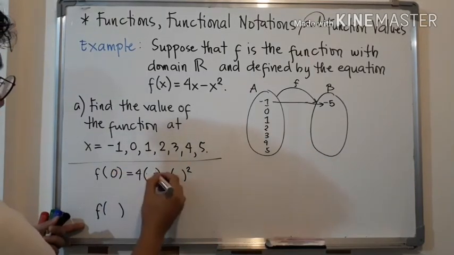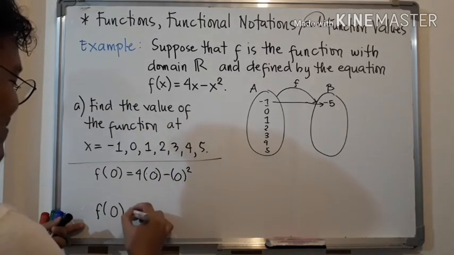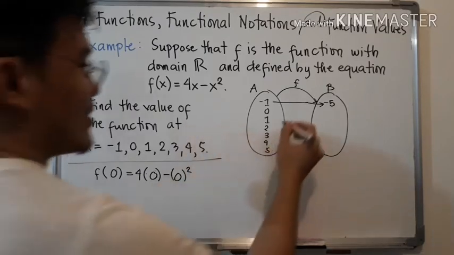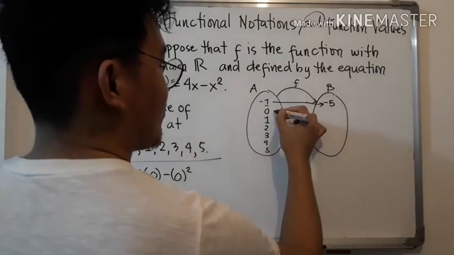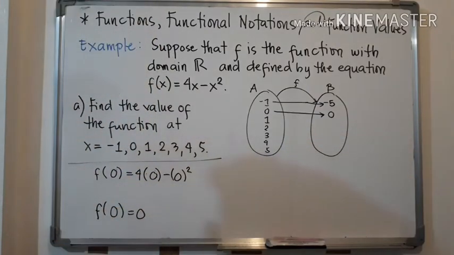The function value at 0 is 4 times 0, which is 0, minus 0. So the function value at 0 is 0, and 0 is paired with 0. How about for x equals positive 1?